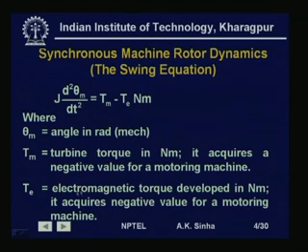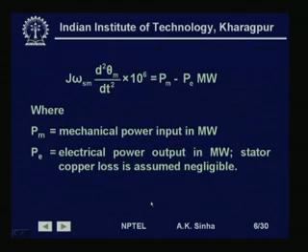Similarly, T is the electromagnetic torque developed in Newton meter. Since electrical power is an output, the torque developed is the electromagnetic torque, and this is in Newton meter. If we have the synchronous motor, then this will be a negative value. So, all this we had already discussed in the last lesson.